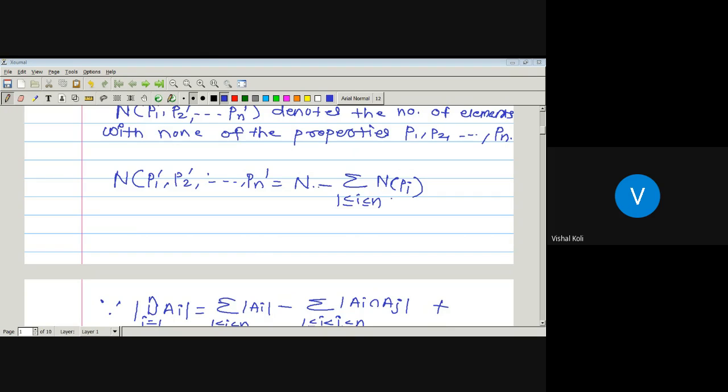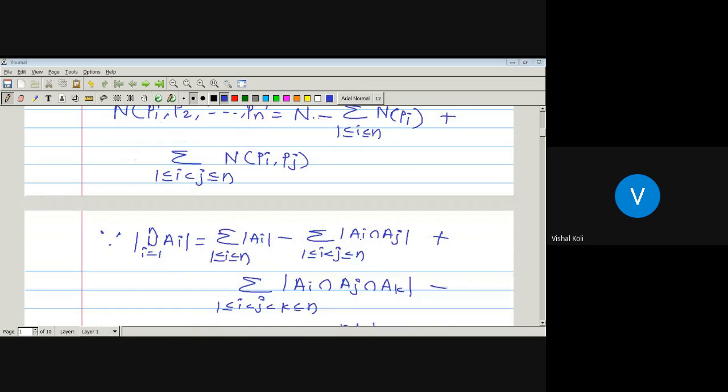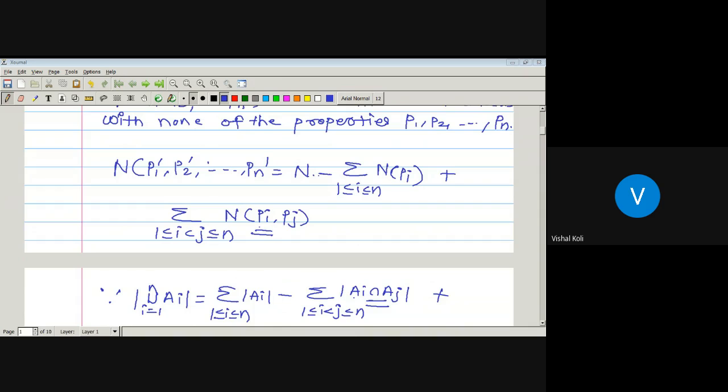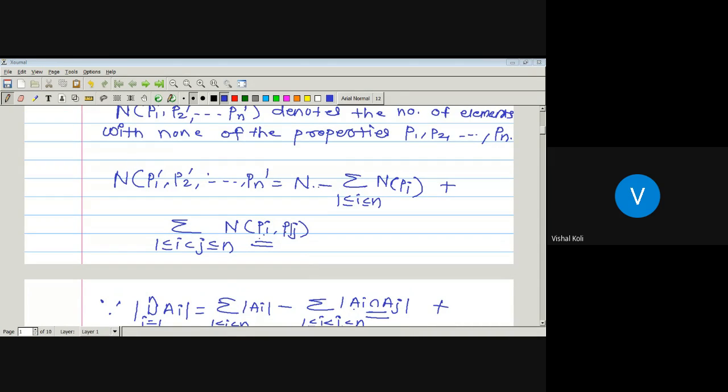Now plus summation 1 less equal i less than j less equal n of n of Pi Pj. Here Ai intersection Aj means all the elements which belong to both these sets. As here we have taken n of Pi Pj, it means all the elements which satisfy the properties Pi and Pj.